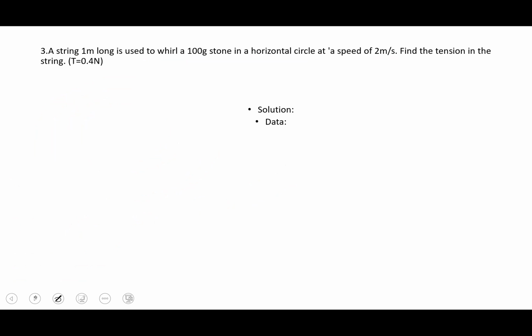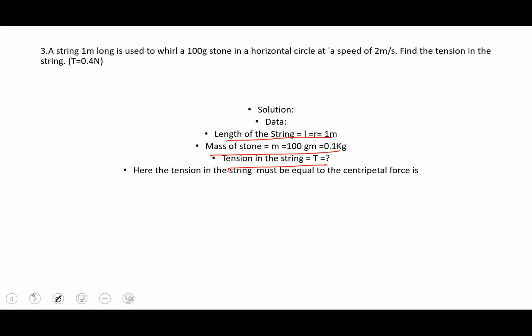Now let us apply the data over here. The length of the string is r, which is 1 meter. The mass of the stone is 100 grams or 0.1 kilogram. The tension in the string is T, and we have to find that out. Here the tension in the string must be equal to the centripetal force.